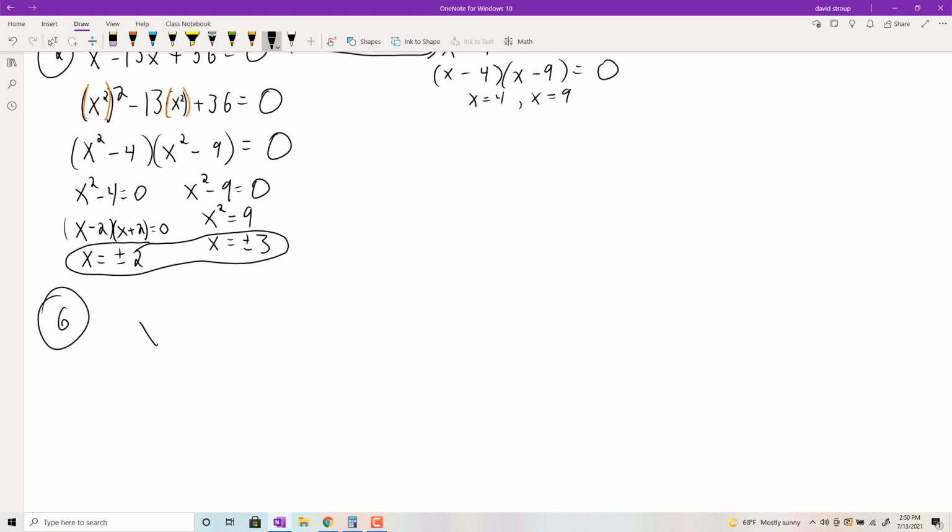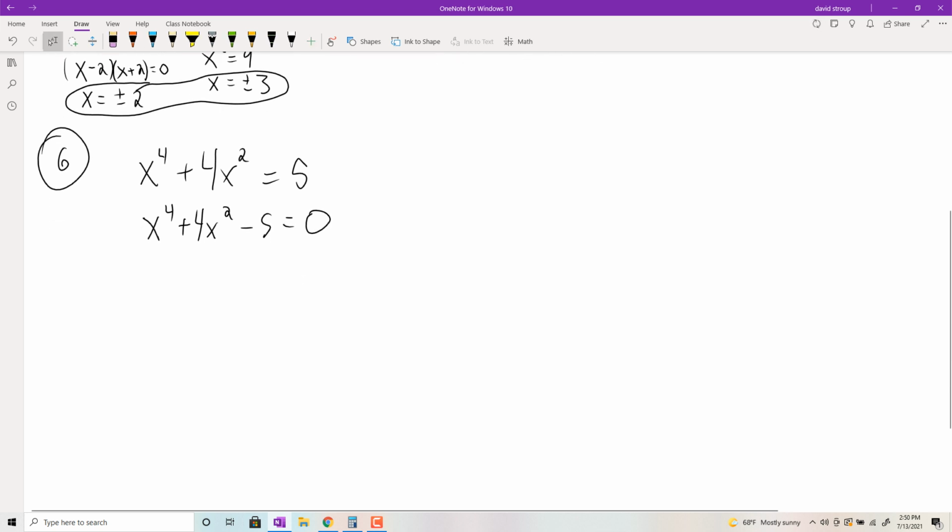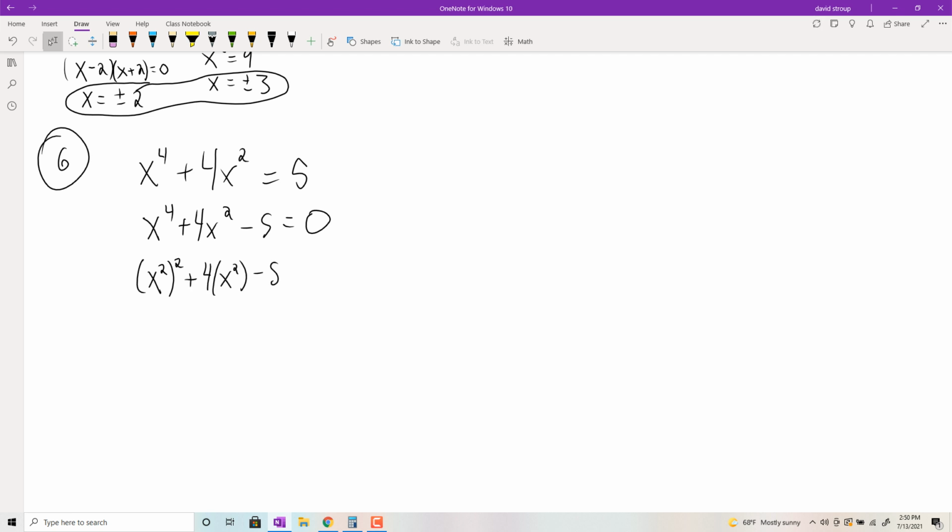Okay, let's look at another. x to the 4th plus 4x squared equals 5. With quadratic forms, you always want to get them set equal to 0. Then the face, so to speak, is x squared again. So instead of x and x, we have x squared and x squared.